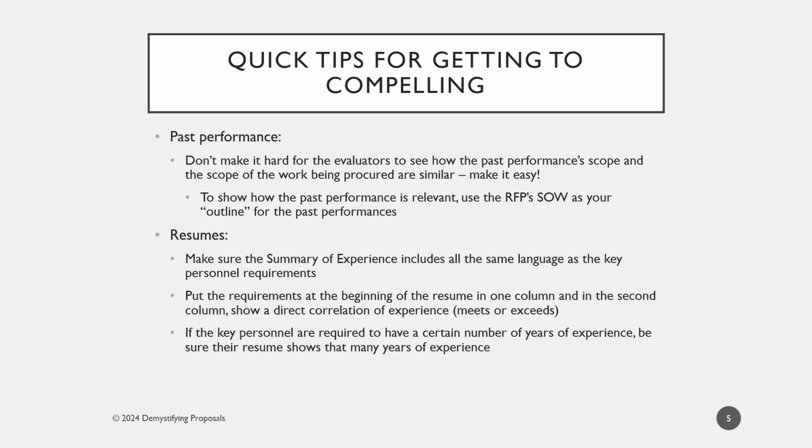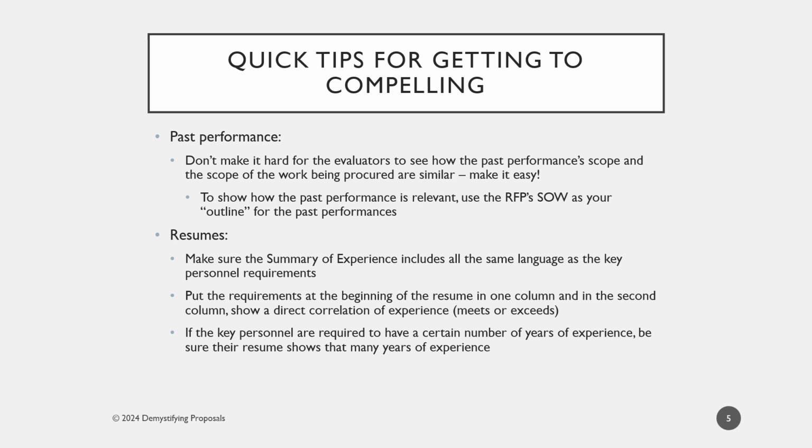For resumes, make sure that the summary of experience includes all the same language as the key personnel requirements. And then put the requirements at the beginning of the resume in one column, and in the second column, show a direct correlation of experience, usually starting with the word meets or exceeds, followed by how that person's performance meets or exceeds the requirements.